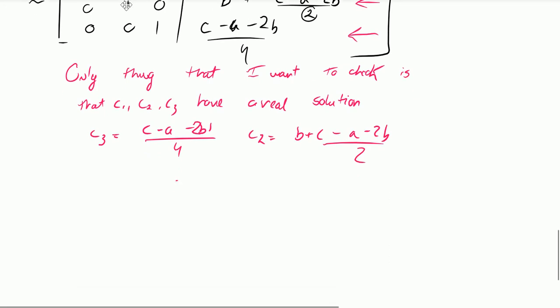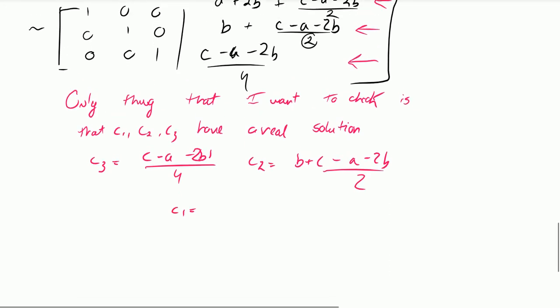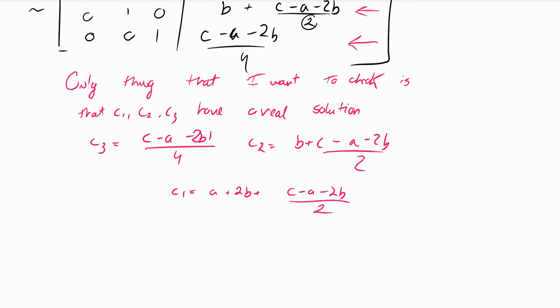And C1 is A plus 2B plus C minus A minus 2B over 2. And C1, C2, C3 will all have real solutions because no matter what C, A, and B are, so if they're 0, if they're 1, if they're all different numbers, it doesn't matter.